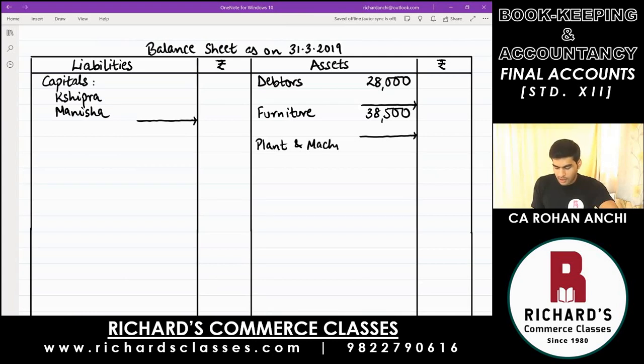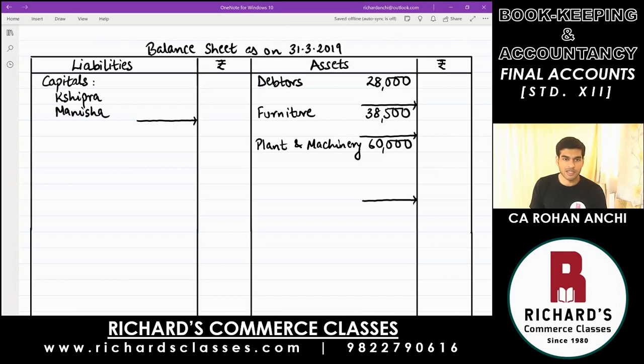Now, if you have a look, plant and machinery has two tick marks. There are two adjustments. Write in the inner column first 60,000 and leave 3 lines after that. Whenever there are two adjustments, one extra line is to be left. Total will be taken for the first time in the inner column itself.